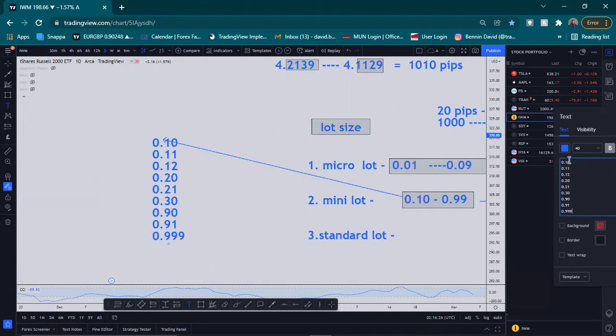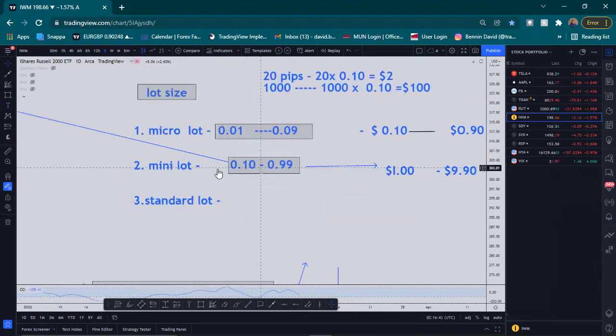So each one that you use, if you're using this, it means every pip is bought at $1. This would be $1.1, $1.2, 1.2, 2.1, 3.0, 9.0, 9.1, 9.9, like that.